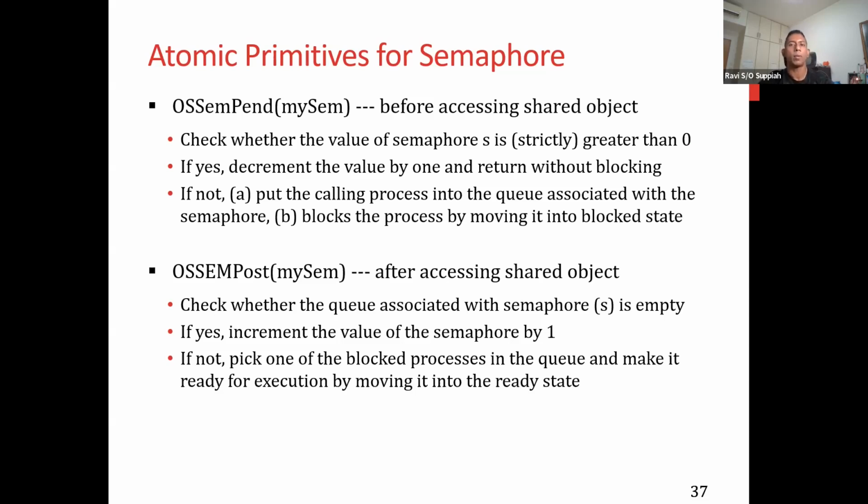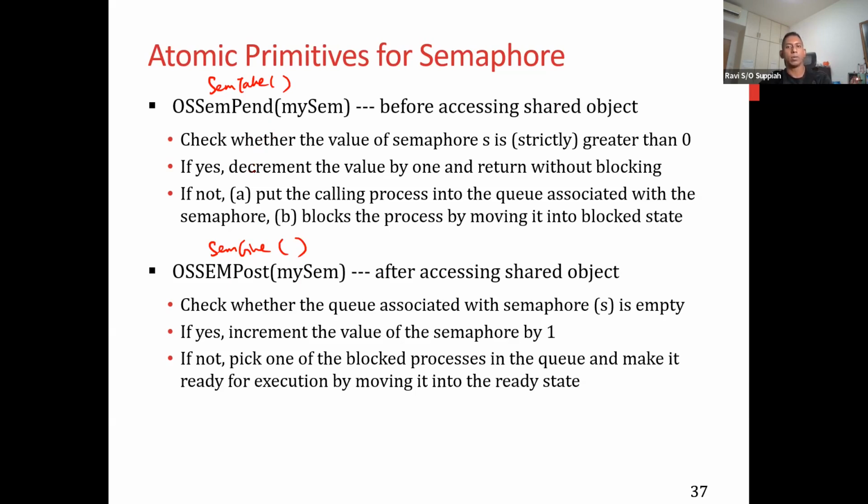Whenever I want to take, this is equivalent to semTake, and this is equivalent to semGive. When I say semPend or semTake, I'm acquiring a resource, so the count will go down. When I give, I increment.